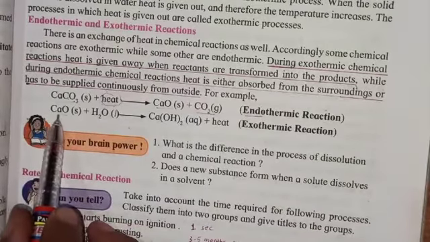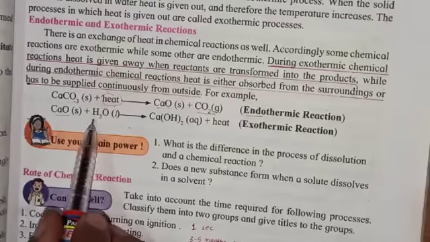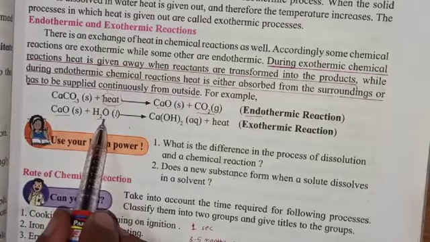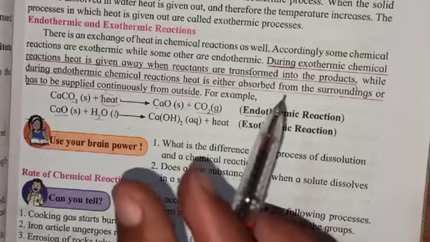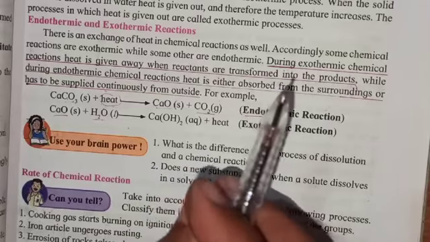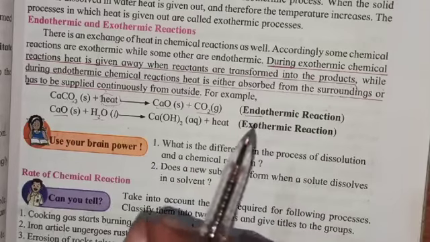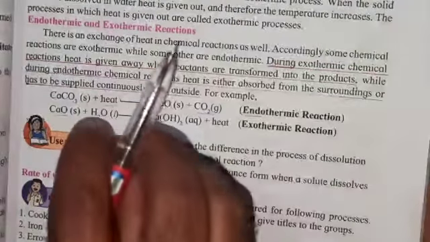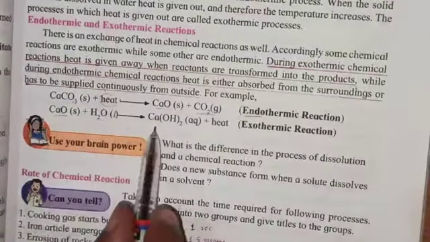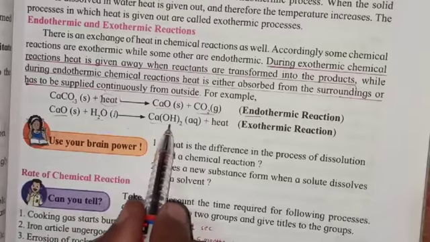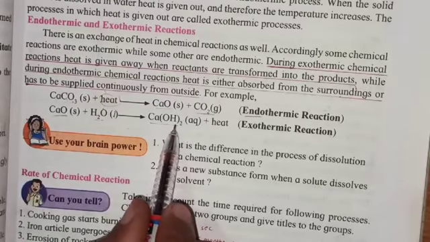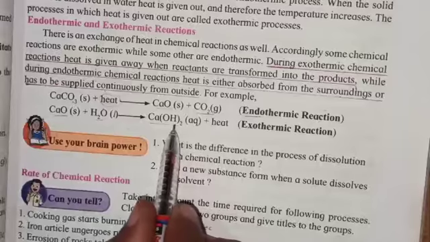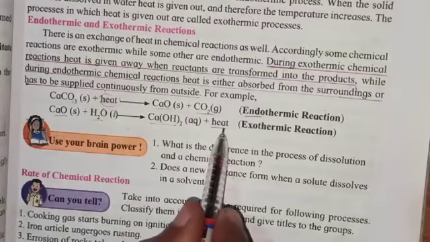When some solid pieces of calcium oxide are dropped into water, then Ca(OH)2, calcium hydroxide, is formed and lots of heat is evolved.